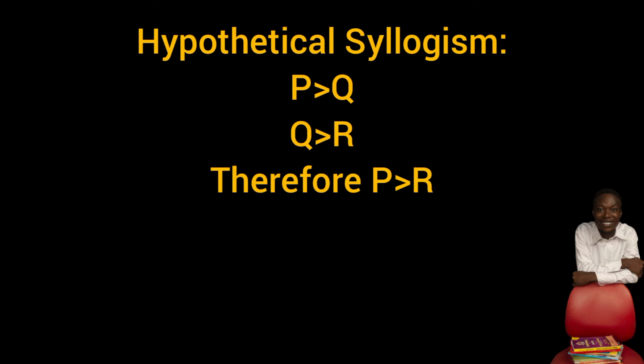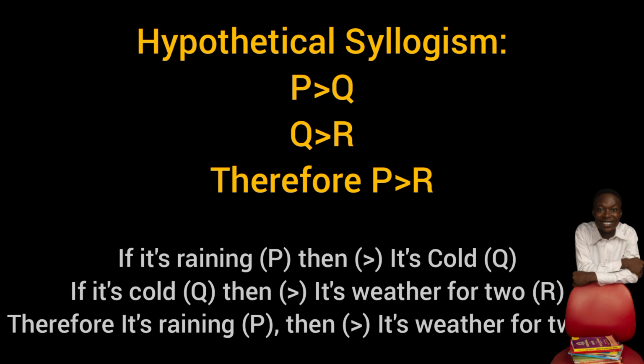We get that. Okay, now the next rule is the hypothetical syllogism. This rule states that P implies Q, Q implies R, therefore P implies R. Now, we can take the statement like if it is raining, that is P, then it is cold, that is Q. So, P implies Q, right?